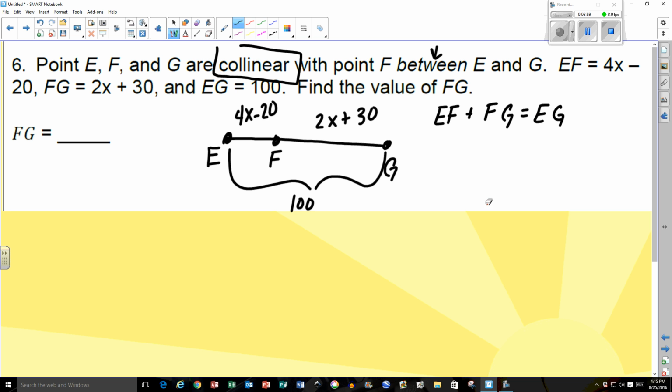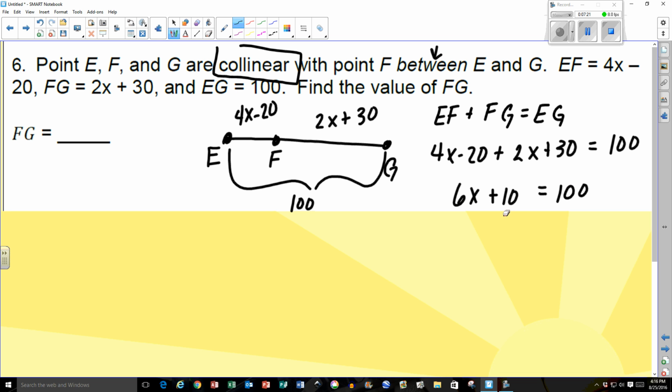So see, sometimes not like before when it was obvious, sometimes it's less obvious. So EF is 4x minus 20. FG is 2x plus 30. And together it's 100. So combine your like terms, I get 6x plus 10 equals 100. Subtract 10 from both sides.